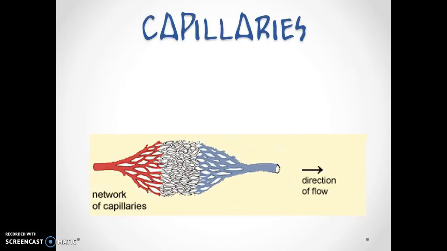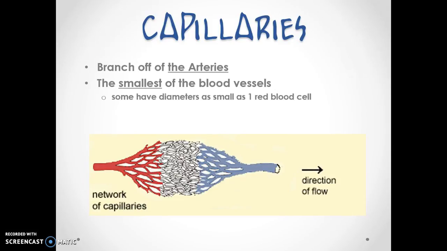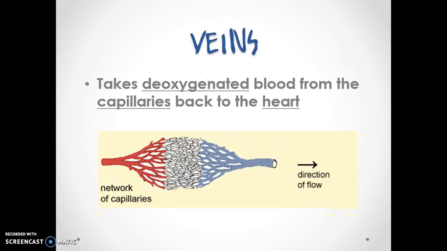The capillaries branch off from the arteries and are the smallest blood vessels, some with diameters as small as one red blood cell, which is very, very small. They also take blood to the cells, in contrast with the arteries. And the vein takes the blood from the capillaries back to the heart.